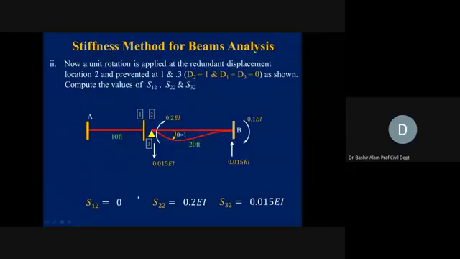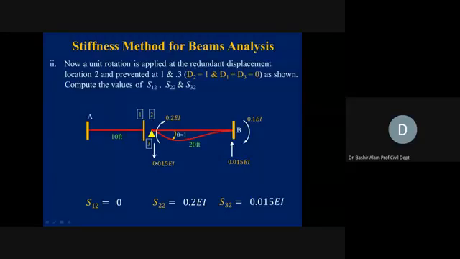Once we have these numbers now, S12, this is now S at 1 due to 2, which is 0. So here 0 is written. Here we don't have any action corresponding to D1. Corresponding to D2, clockwise action we have, which is 0.2. So 0.2 is included here with positive sign. And at D3, which will be the vertical reactions corresponding to this 3 now, which is minus 0.0, not minus.